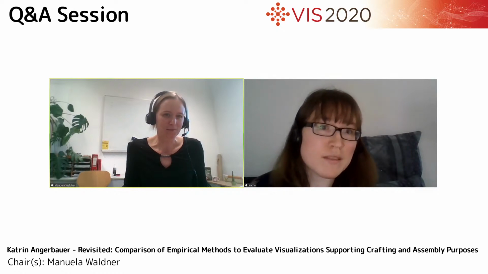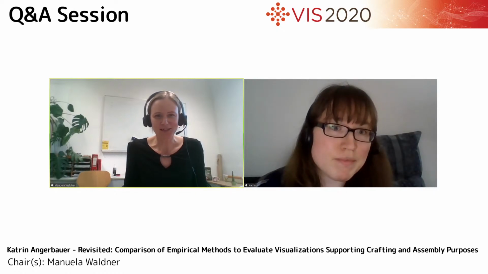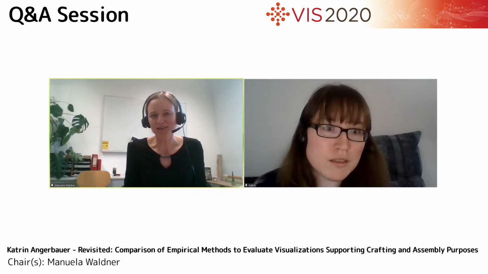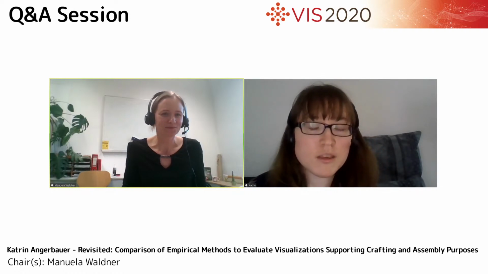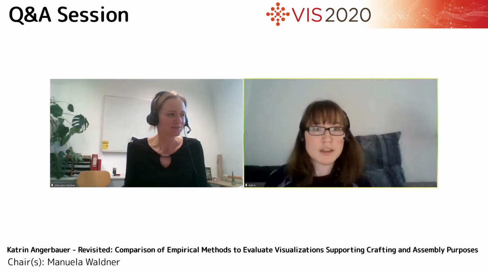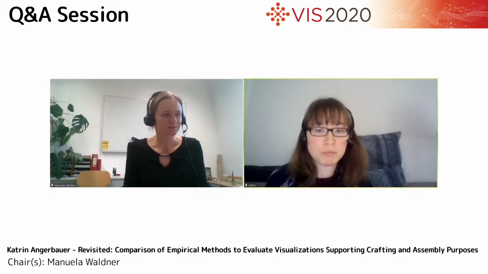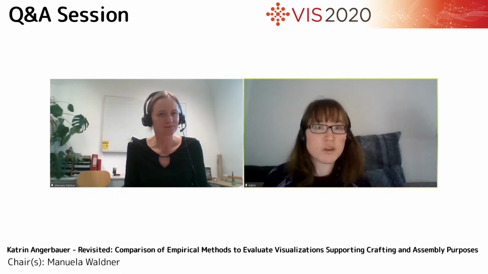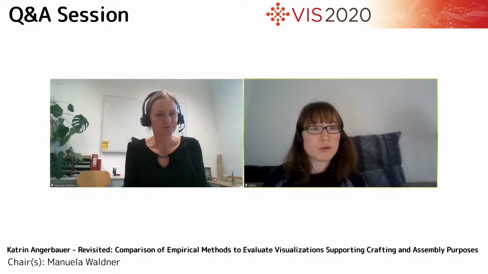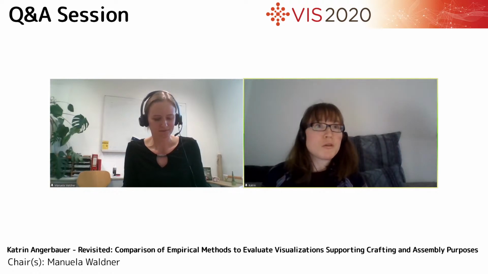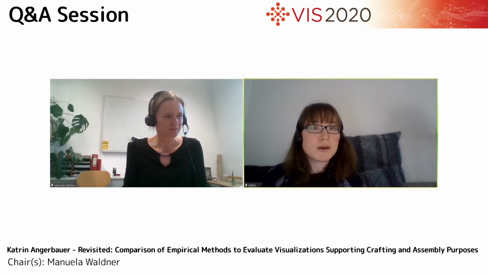So your results do not support the previous results by Voigt et al. Do you have any suspicion why this might be the case? So we discussed that also in the paper. We thought maybe the novelty effect of smart objects was a bit more in the previous study by Voigt et al., which was maybe not the case for our study, but it's difficult to say.